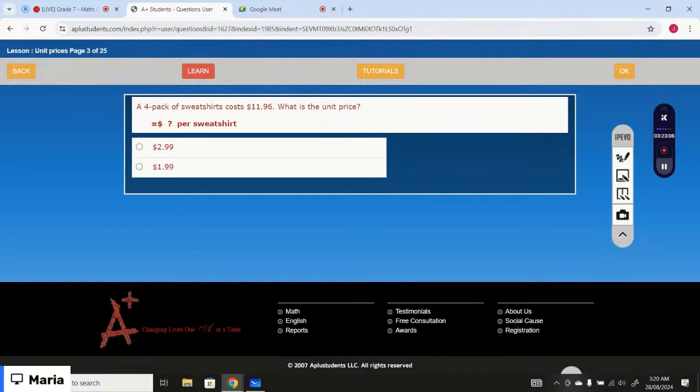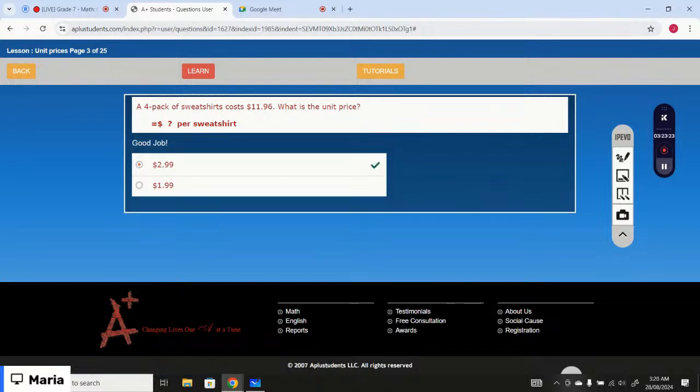The correct option is 11.96 divided by 4 is $2.99. Option number 1 is the correct option. You simply have to divide 11.96 by 4. So the cost of one sweatshirt is $2.99. Got it, everyone?